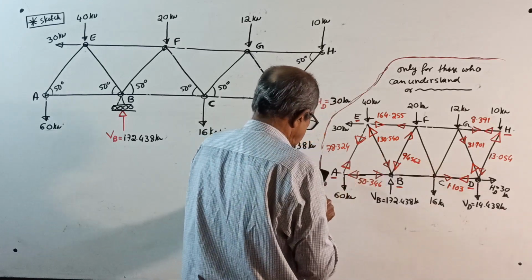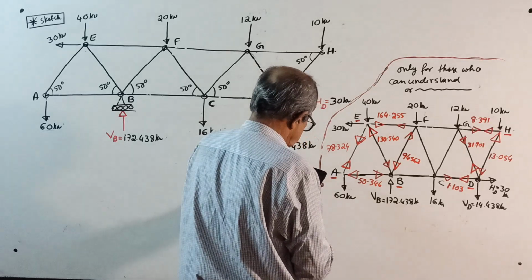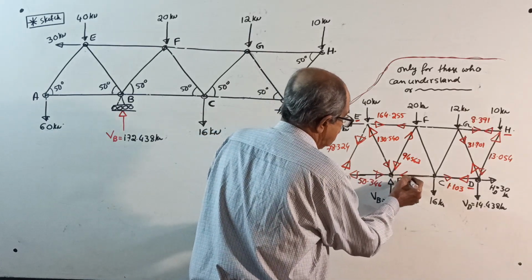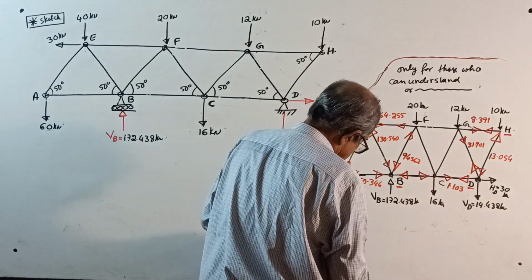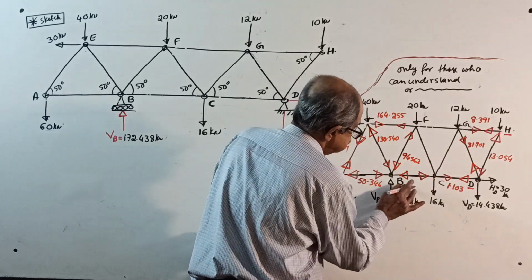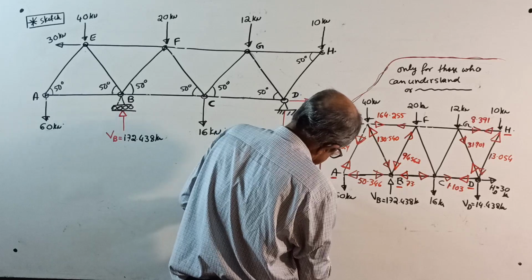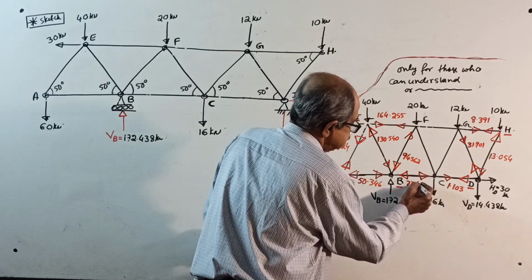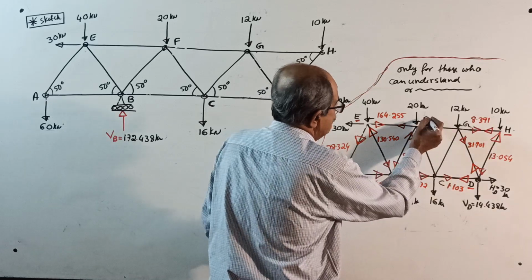I will subtract 94.562 into cos 50. The remaining balance should be this force: 73.472. This joint is over. Now I will come to joint F.